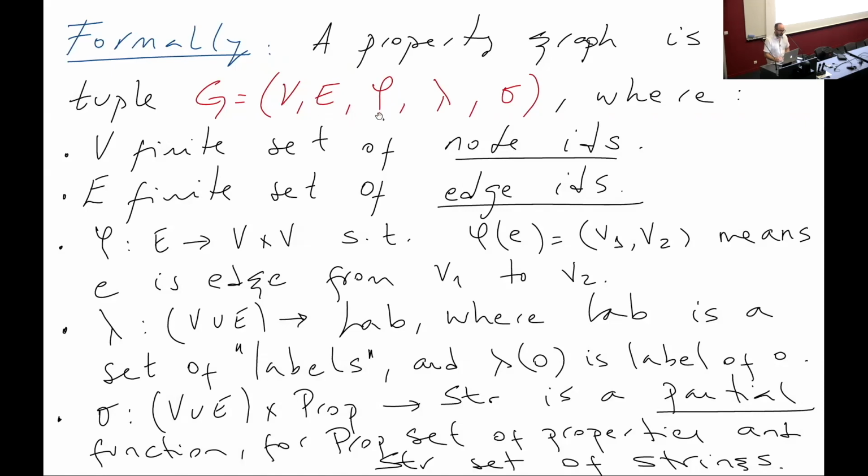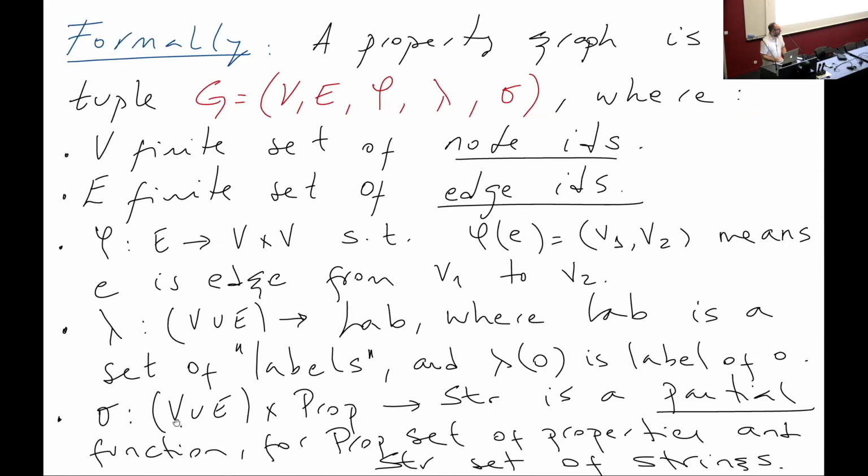We have a function that labels each edge with an ordered pair of nodes that tells us where this edge starts and where it ends. Then we have a function that labels each node and each edge over a finite alphabet of labels. It tells us that lambda of this object O is the label of O.